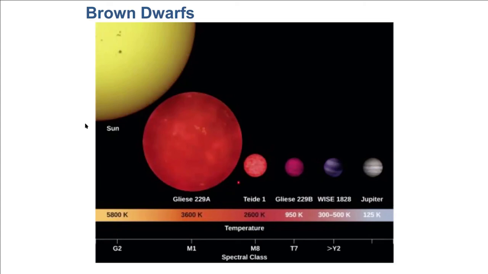It tells you that an object like TD1 is way more dense than an object like Jupiter. The densities of the objects vary a lot, as does the mass, even though the sizes of these objects, for reasons of interesting thermal physics, don't change all that much as you go down.